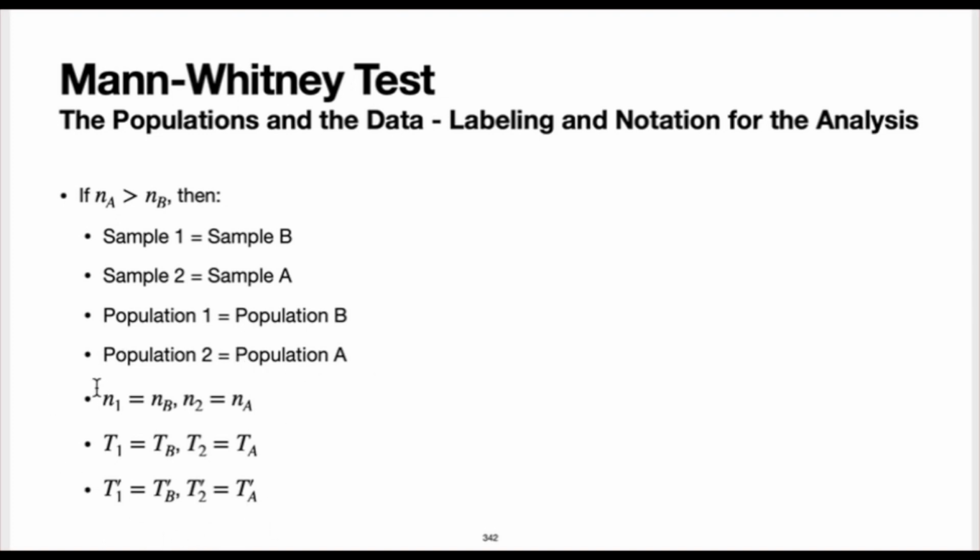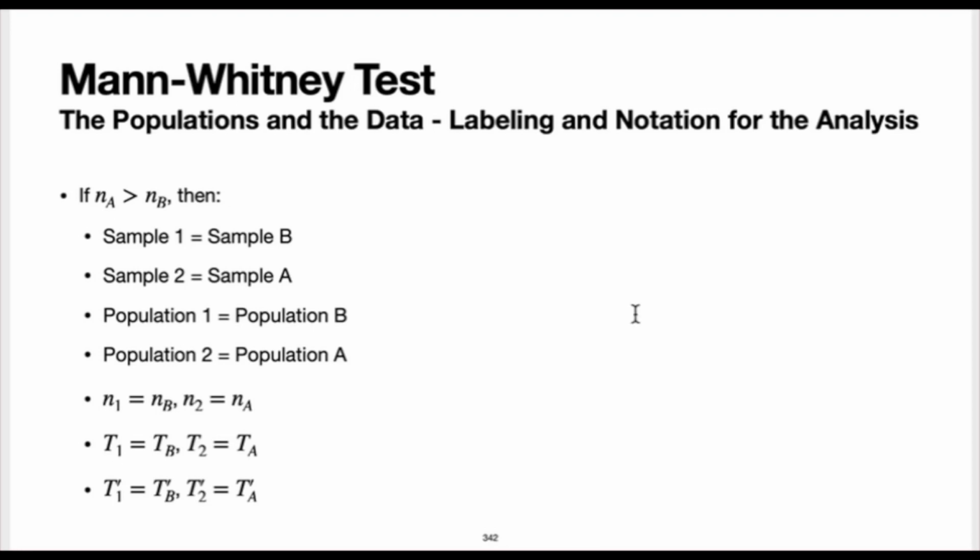N sub 1 will be n sub B, n sub 2 will be n sub A, the rank sum for sample 1 will be T sub B, the rank sum for sample B, the rank sum for sample 2, T sub 2, will be the rank sum for sample A, T sub A. The conjugate of T1, so T1 prime, will be equal to T prime B, the conjugate of T sub B, and the conjugate of T2, T2 prime, will be equal to T prime A, the conjugate of T sub A.